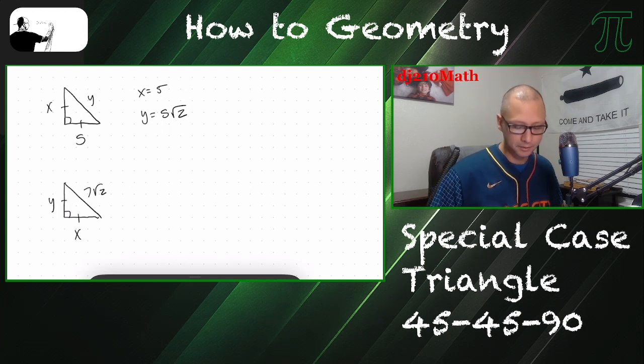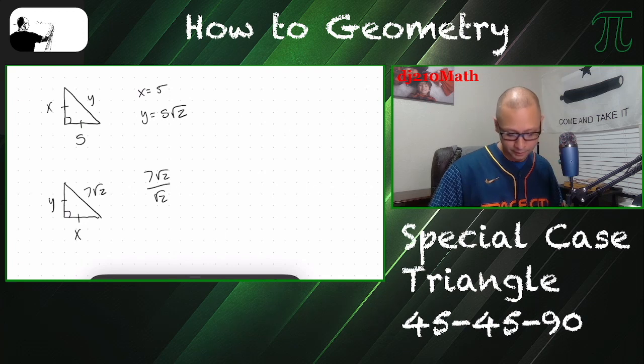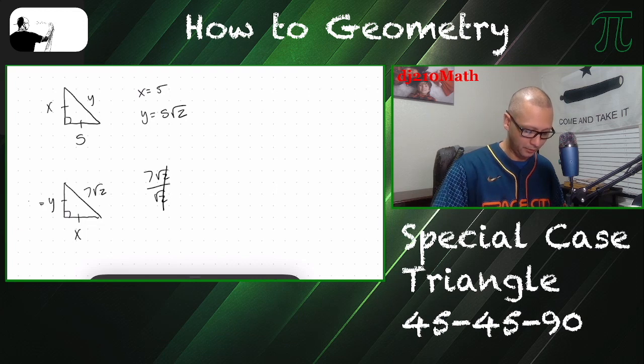If the hypotenuse is 7 root 2, and x and y are the legs, let's figure out what the legs are. So 7 root 2 divided by root 2. The nice thing here is that root 2 is in the numerator and the denominator, top and bottom, so root 2 can cancel. And so the legs are going to be equal to 7.